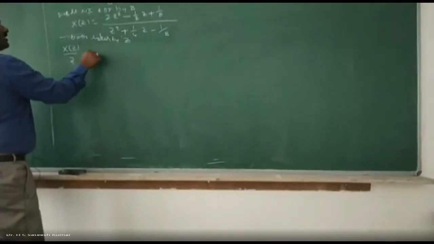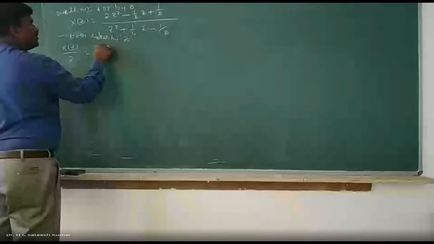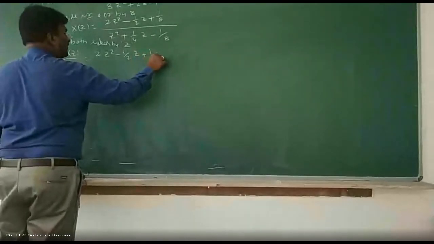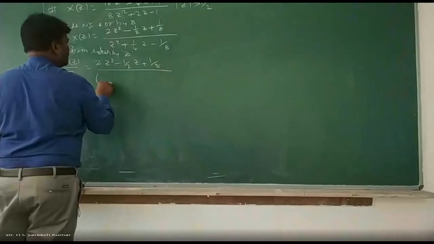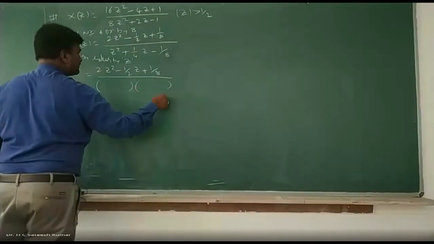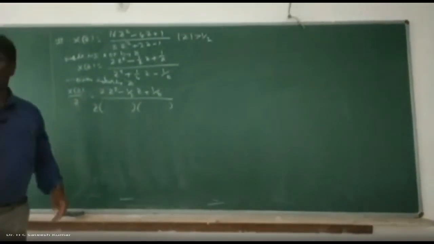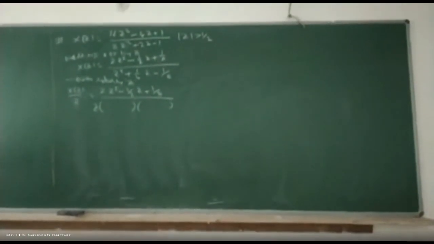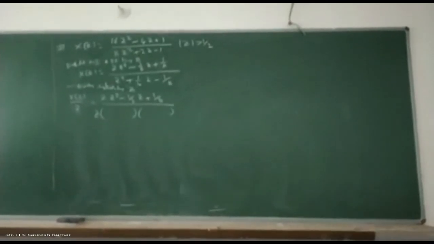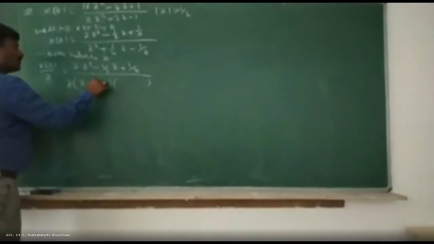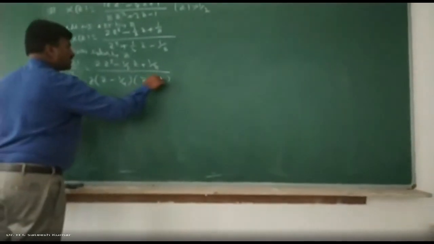X of z by z is equal to 2z square minus half z plus 1 by 8 divided by, find out the factors. 1z is there. Find out the factors for z square plus 1 by 4z, that is nothing but equal to z minus 1 by 4 plus z plus half.